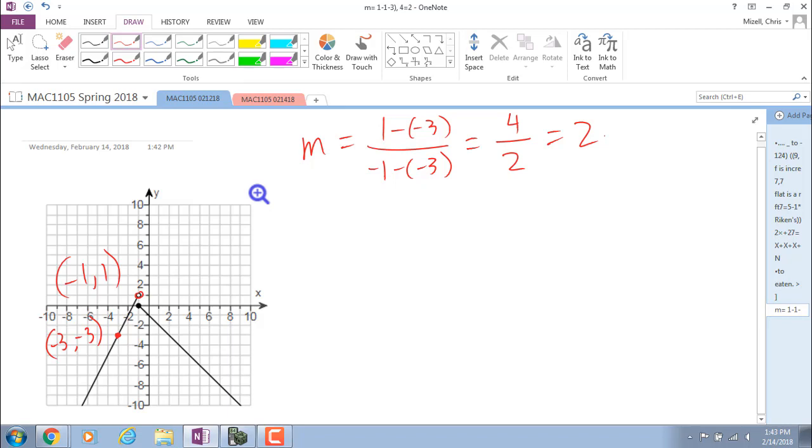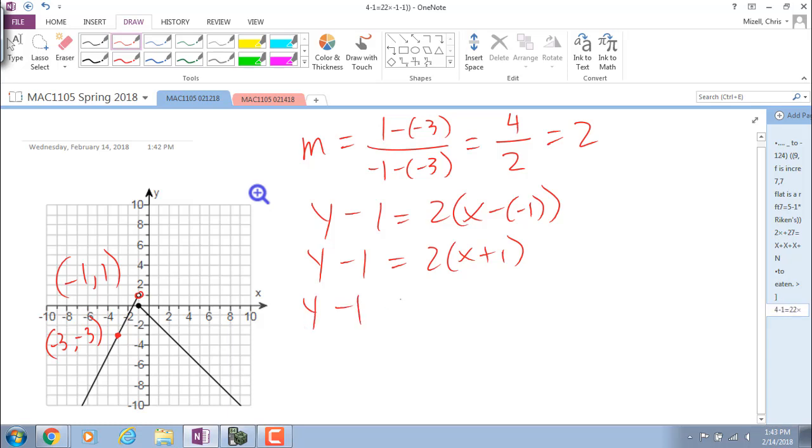If we went 2 more up and 1 more to the right, I think we would get to the y-intercept. But just in case that's not obvious, y minus 1 equals 2 times x minus -1. Y minus 1 equals 2 times x plus 1. Y minus 1 equals 2x plus 2. So y equals 2x plus 3.